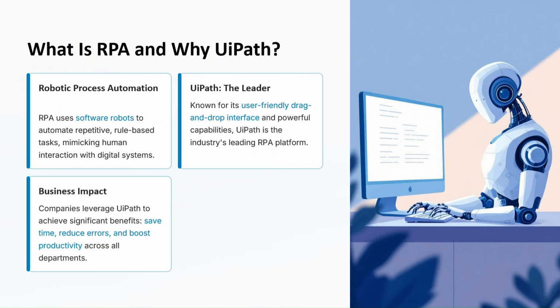Second, UiPath is user friendly with a drag and drop interface, and also powerful enough for enterprise scale automation. And the thing that is really hyped now is the agentic capability from UiPath as well. That's why many global companies choose UiPath as their RPA platform.